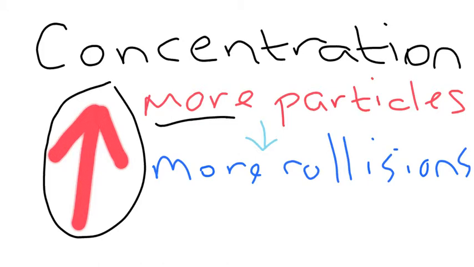There's got to be something else, because what does more collisions really mean? If I told you there had been 1 billion collisions, would you think that reaction was a fast or a slow reaction? Most people would probably think it was going to be quite an increased rate of reaction.